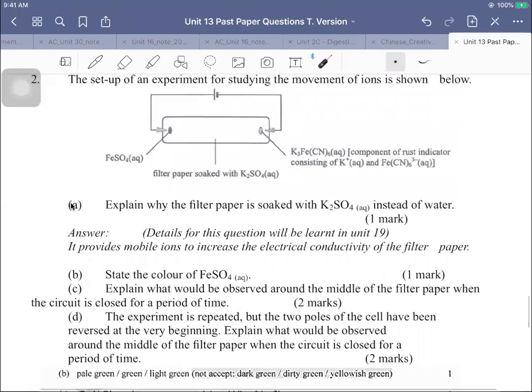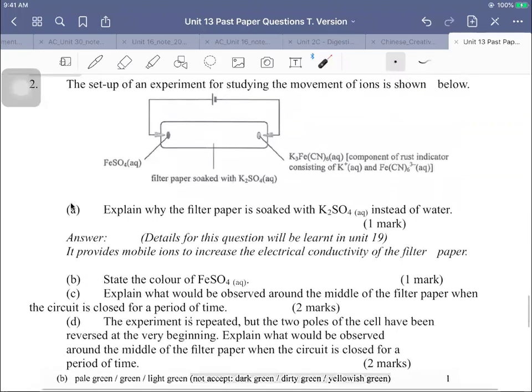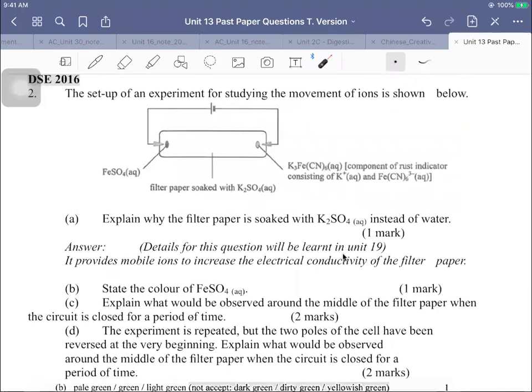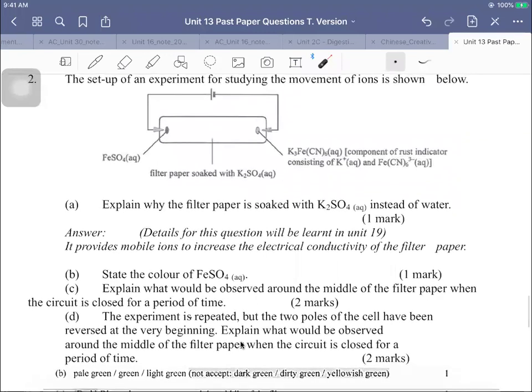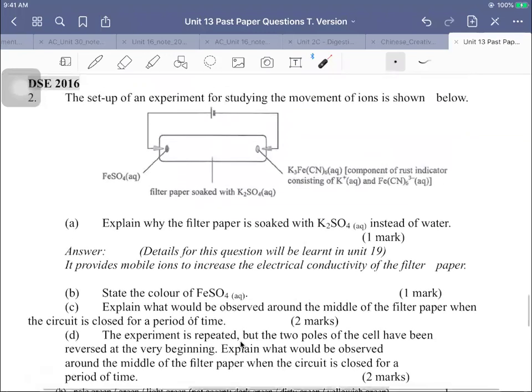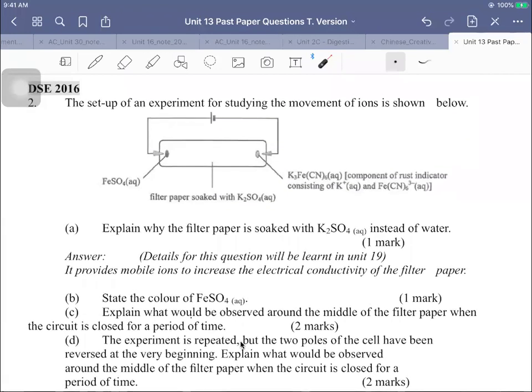Then explain what will be observed around the middle of the filter paper when the circuit is closed. Let's write out what ions appear on both sides. On the left-hand side, we have iron(II) and sulfate.